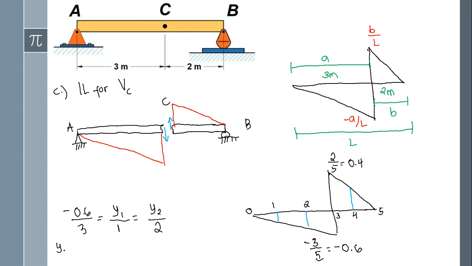Y1 is equal to, transpose na to na diha, 1 times negative 0.6 over 3, that is negative 0.2. Tama ba? Negative 0.2. And then sa y2, transpose mo na mo si 2 diha, 2 times negative 0.6, that is negative 1.2. Divided by 3, that is negative 0.4.